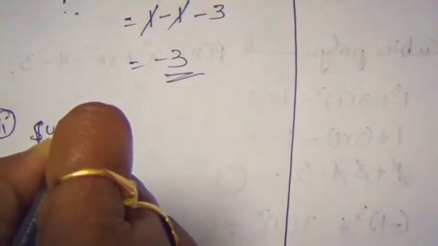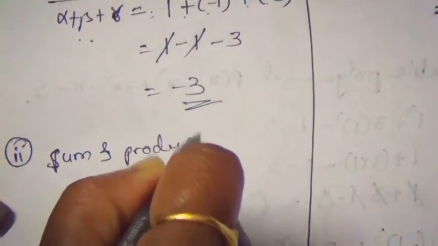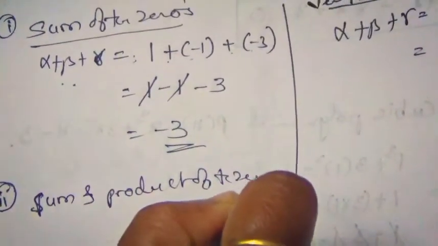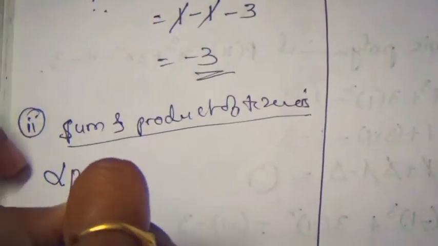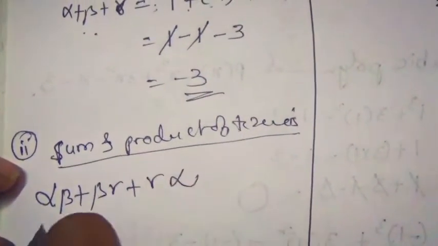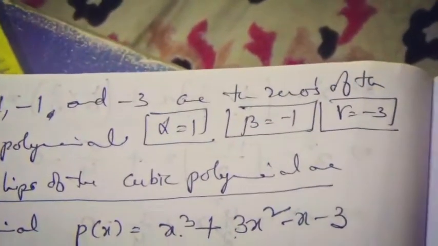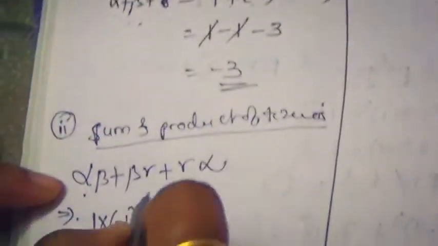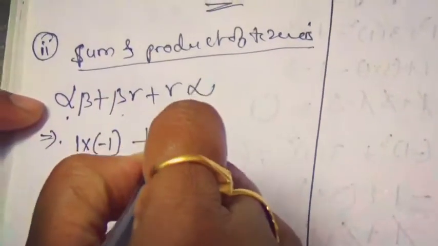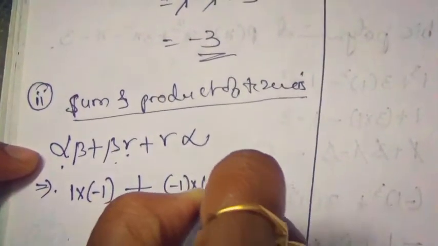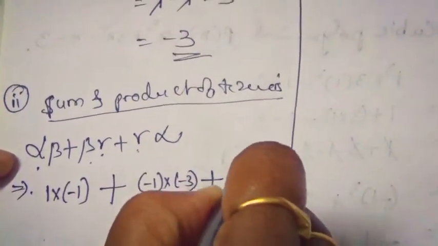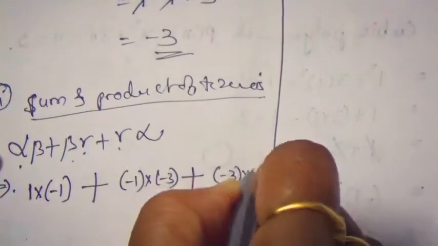What is the second one? Sum of the product of the zeros taken two at a time: alpha beta plus beta gamma plus gamma alpha. That implies we have to substitute these values. Alpha is 1 into beta value is minus 1, plus beta value is minus 1 into gamma value is minus 3, plus gamma value is minus 3 into alpha value is 1.